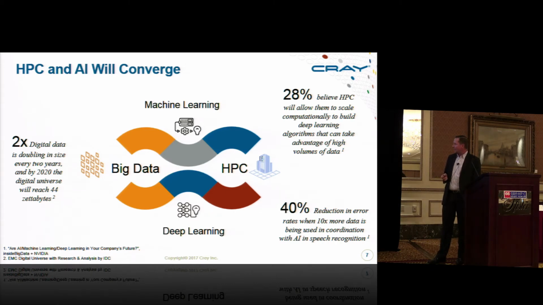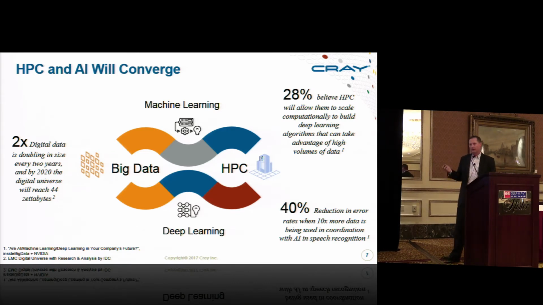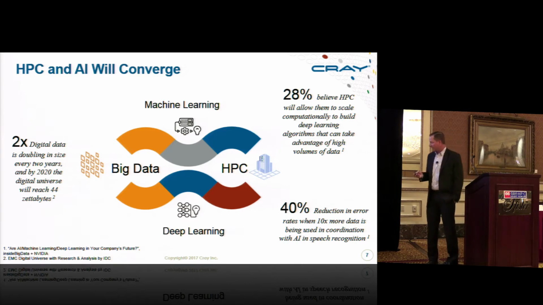Another great example is that we can expect to see a 40% reduction in error when 10 times more data is used. This is a specific example around AI and speech recognition. Again, I'm really trying to drive that point home. More data is better. It helps with the quality of our learning.